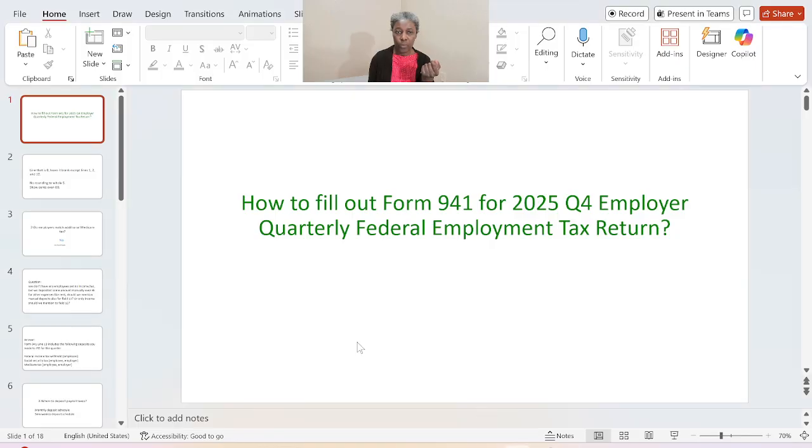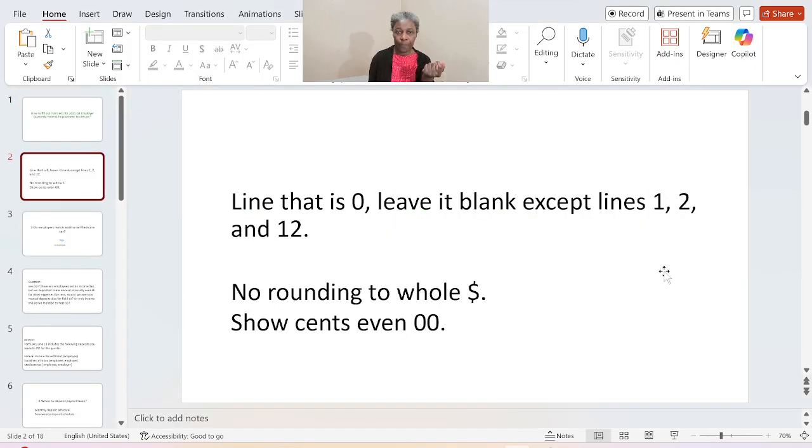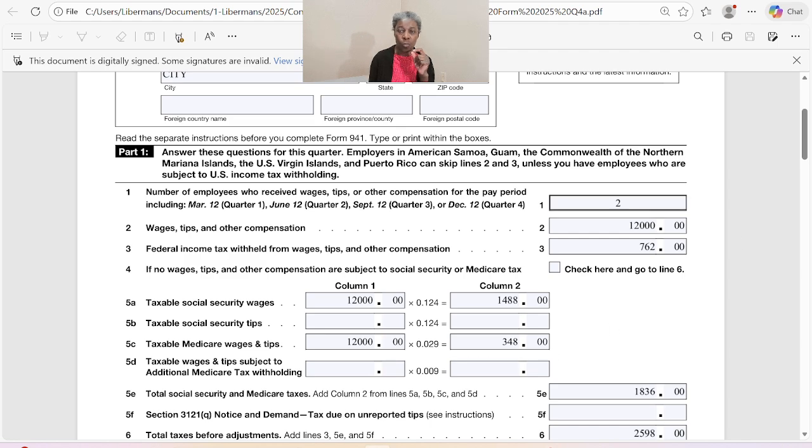So I'm going to go back to here and let's see. You leave another line blank if the dollar amount is 0, except lines 1, 2, and 12. And again, show your whole number. So we'll go back. That's line 1. How many people did you pay? If you paid 0 people, that will be 0.